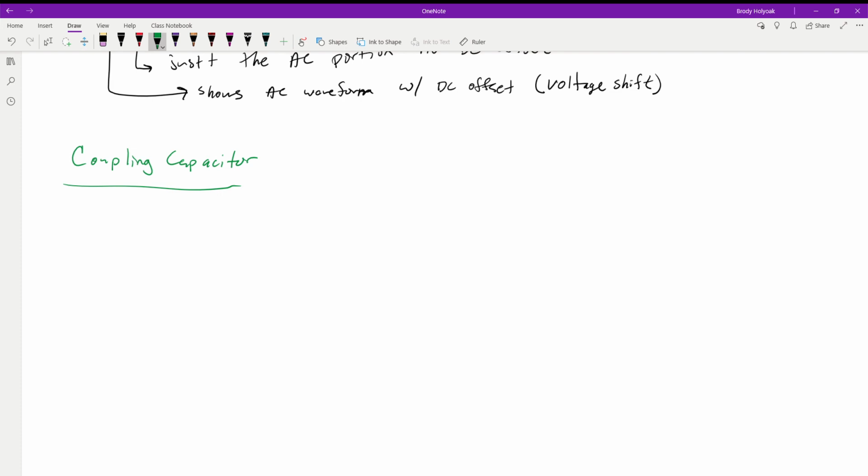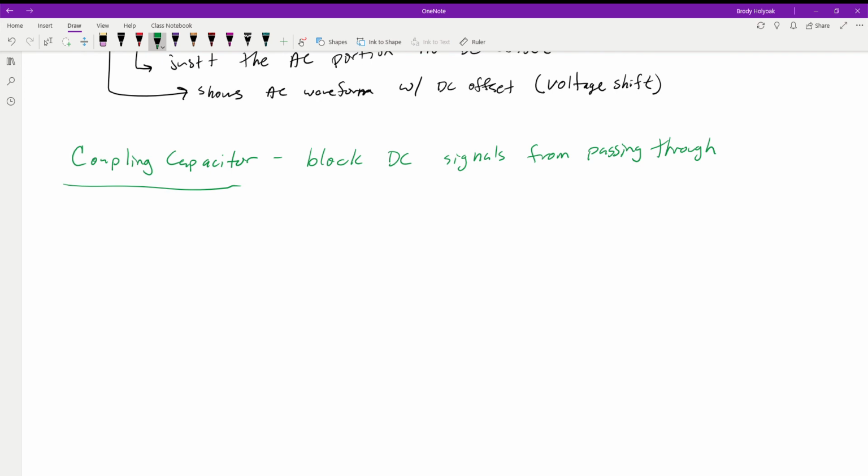It's the same thing here. It's going to charge up to a value, but then it's going to block DC signals from getting past it. So what it's essentially doing is filtering out DC signals from reaching certain parts of the circuit.